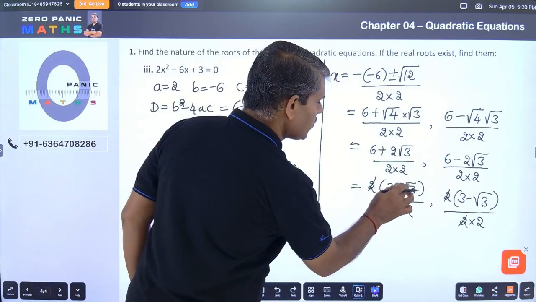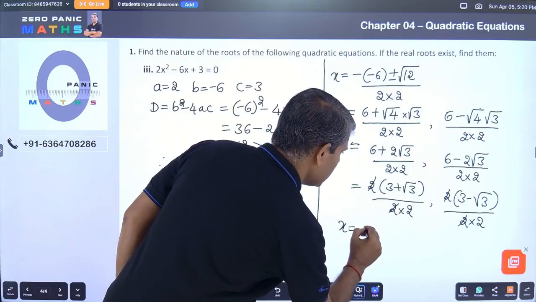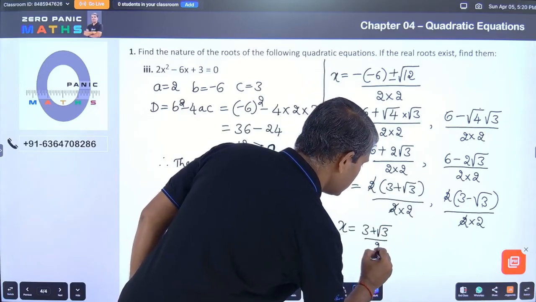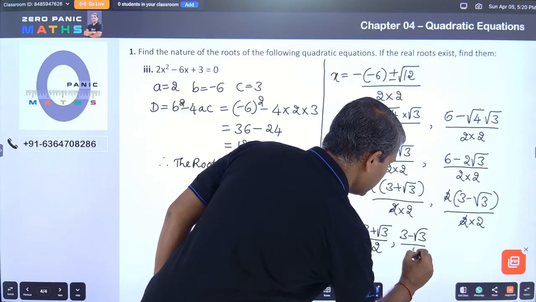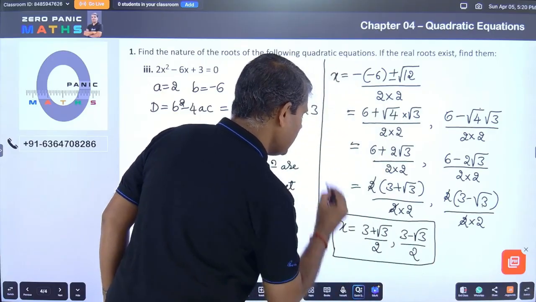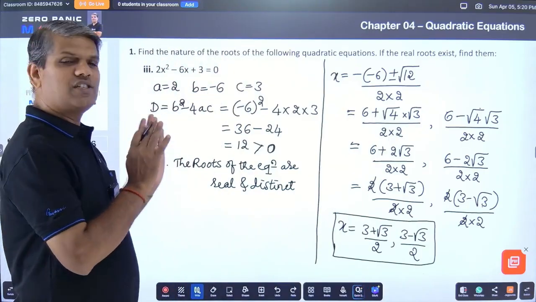They are 3 plus square root of 3 divided by 2 and 3 minus square root of 3 divided by 2. These are the two real and distinct roots.